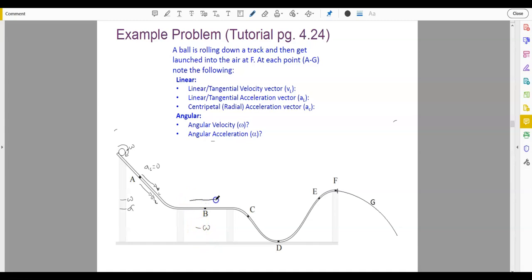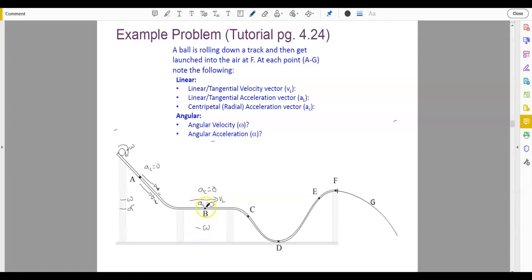Well, at this point, its velocity vector is going to be to the right, but its linear acceleration vector, or tangential acceleration vector, is going to be 0. It's going to be kind of coasting. It's not going to be speeding up nor slowing down. Okay. And since it's not turning in a circle, its centripetal acceleration vector is going to be 0 as well.